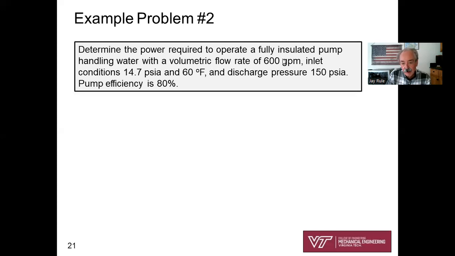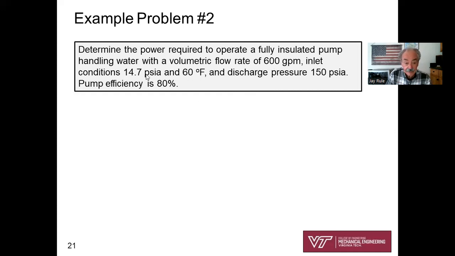Here we're given volumetric flow rate, 600 GPM, gallons per minute. So one of the first things we'll need to do is transform volumetric flow into mass flow. So we're going to need the specific volume, aren't we? And we're going to need to get that anyway.